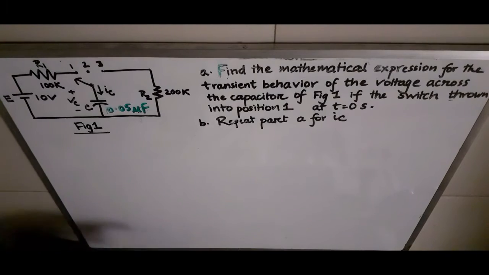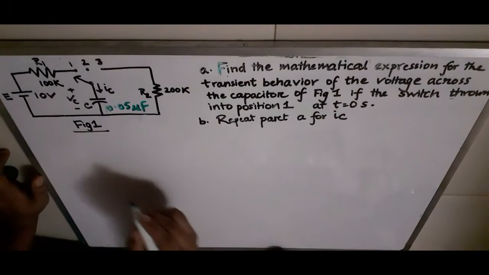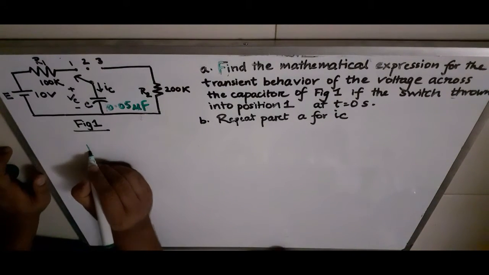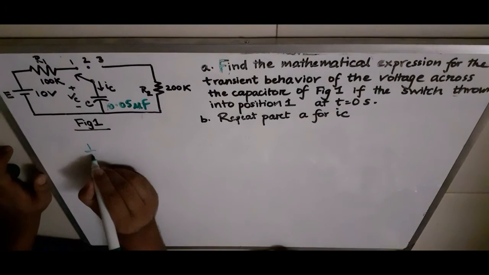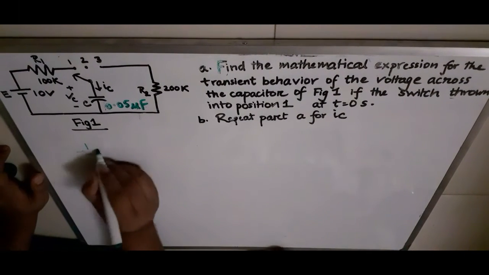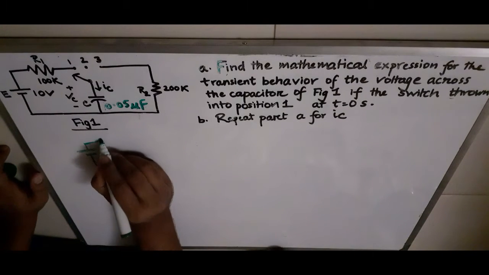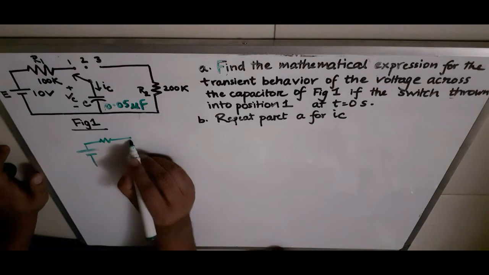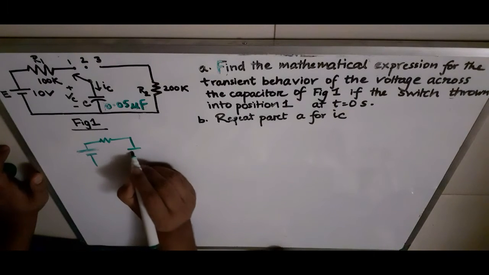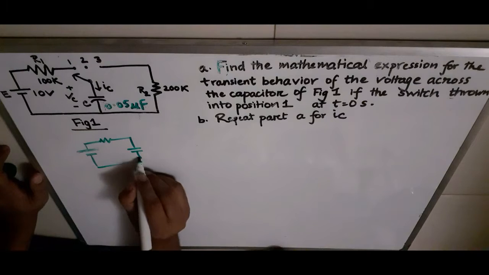tell you that this is what a basic RC circuit looks like. Let's say we have a voltage source here, a resistor, then let's say we have a capacitor somewhere over here.